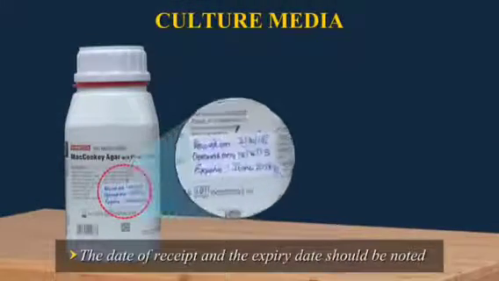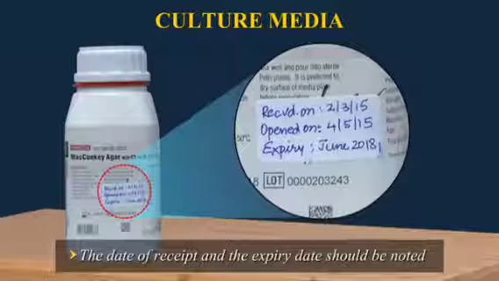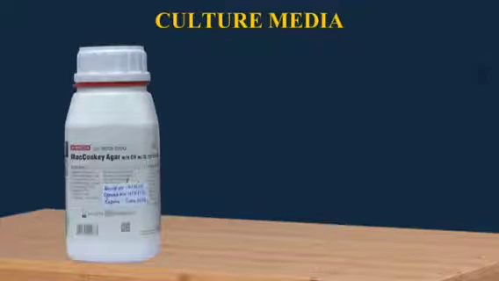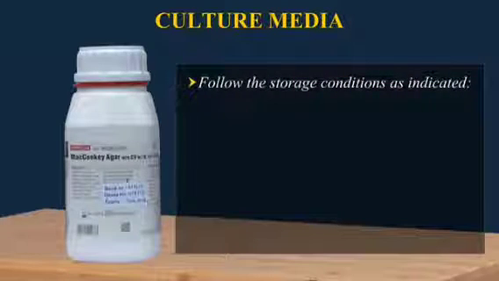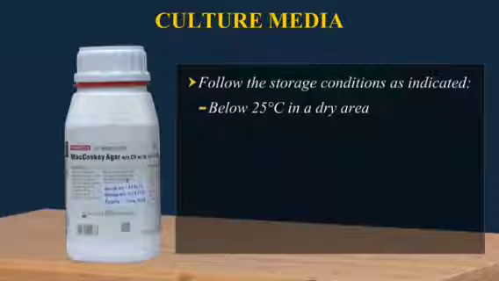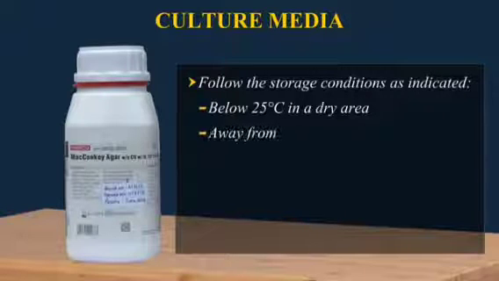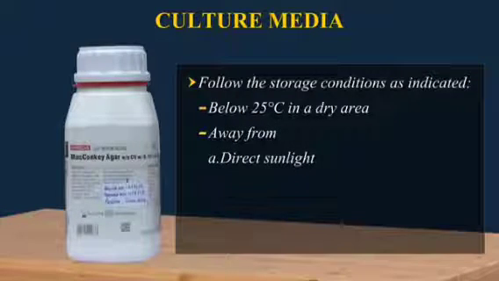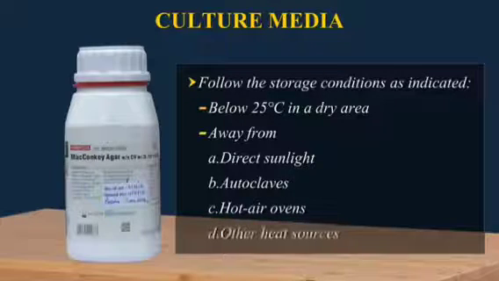The date of receipt and the expiry date should be noted on the label. Follow the storage conditions as indicated on the label, usually below 25 degrees centigrade in a dry area, away from direct sunlight, autoclaves, hot air ovens, or other heat sources.